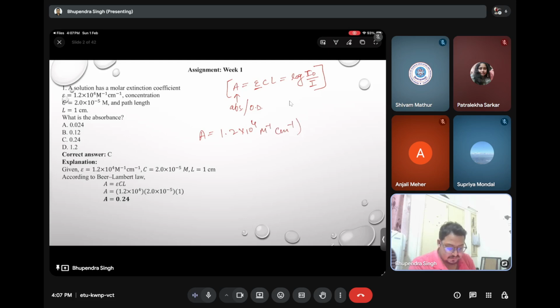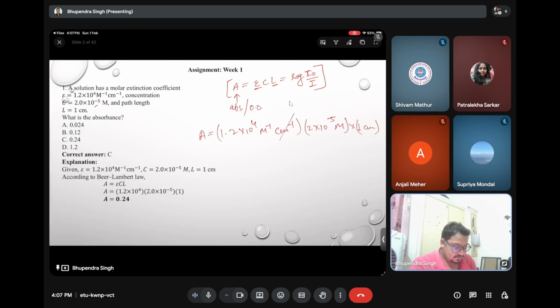Then the concentration. I'm solving it because you have to understand, calculation is not the problem. Path length is 1, in centimeter.